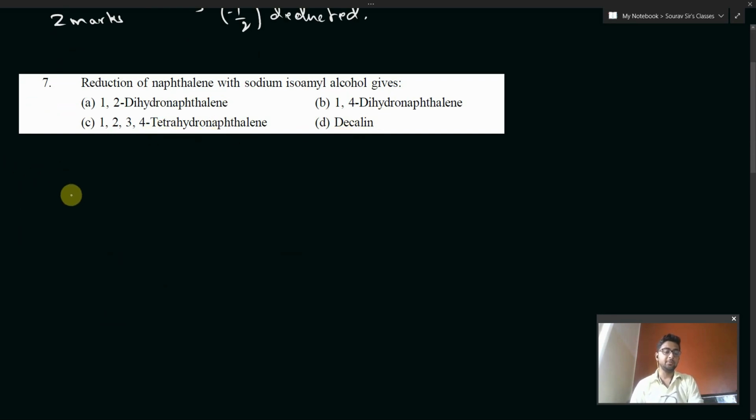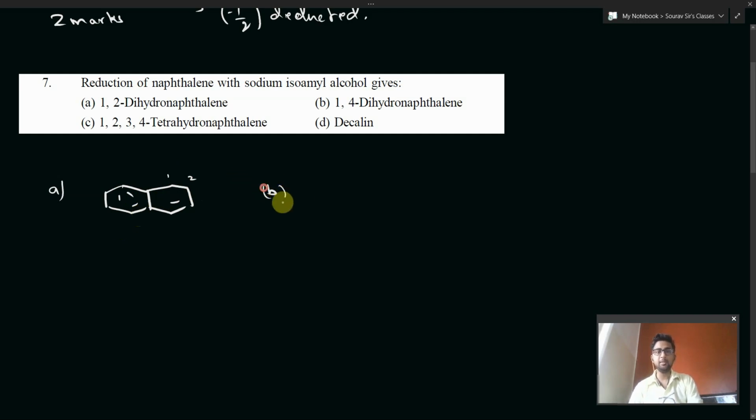Let me first draw the structures of the options that are given, so it will be easy for you to correlate with the structures. Starting with 1,2-dihydronaphthalene, a double bond would have been reduced with two hydrogens, so this structure is 1,2-dihydronaphthalene.